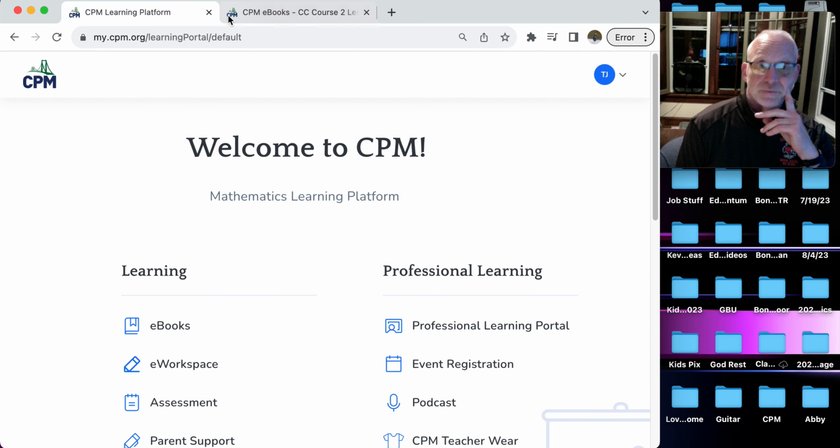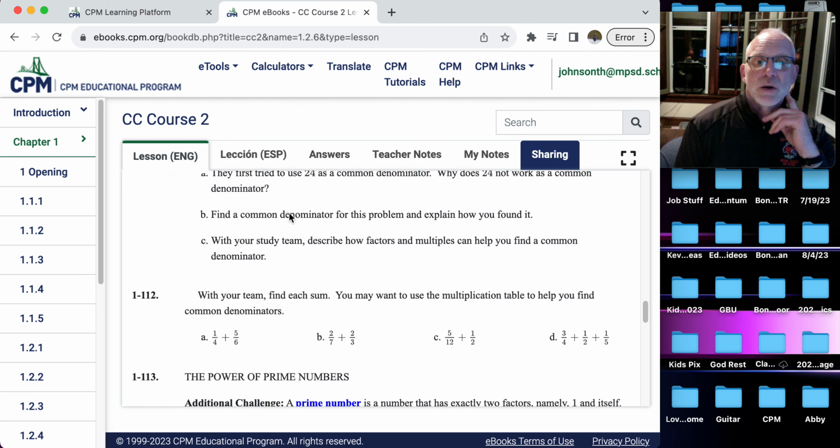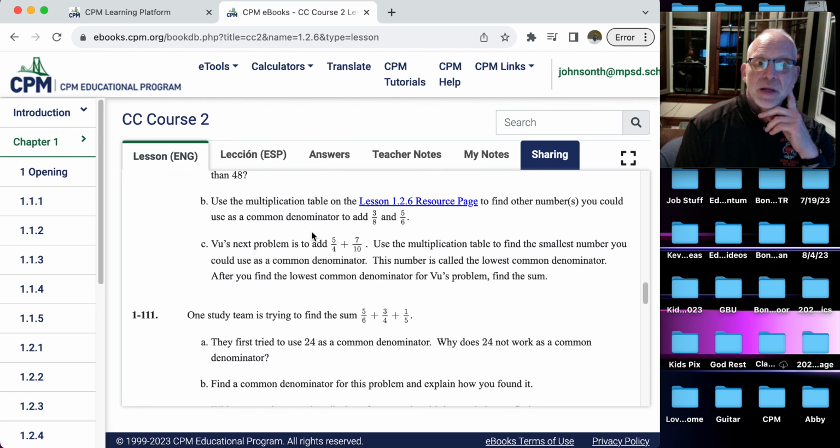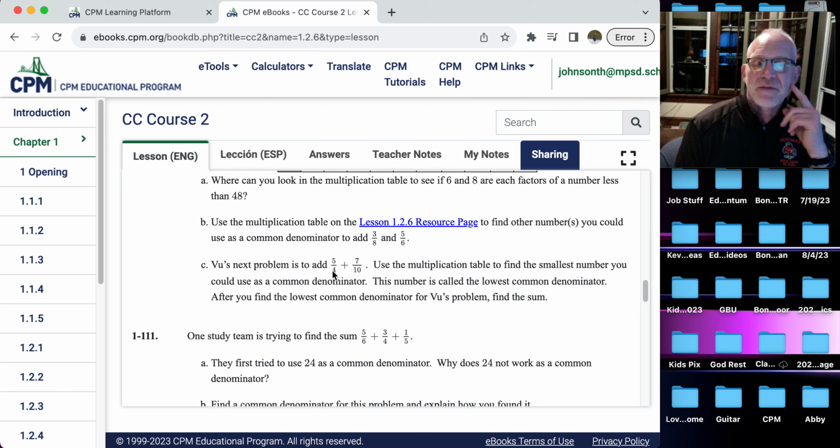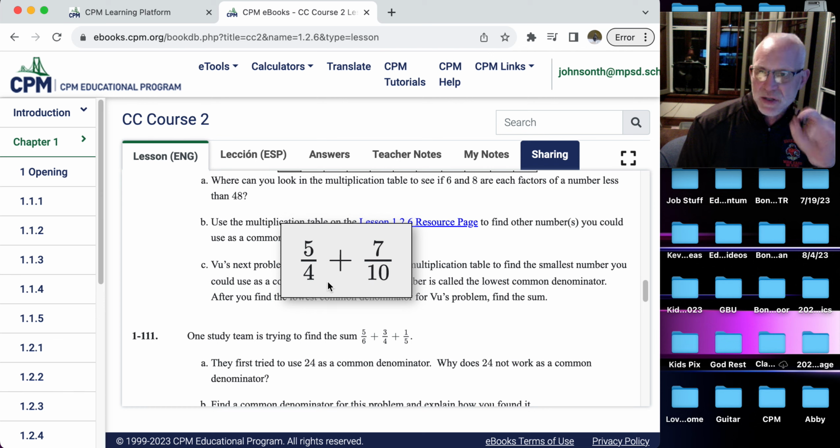So then we took our chalk and we said, if we want to take this problem and do 5/4 plus 7/10, what's the smallest, lowest common denominator we could use? It's 20. So then we said, what giant one do we have to multiply 5/4 with to get it into 20?